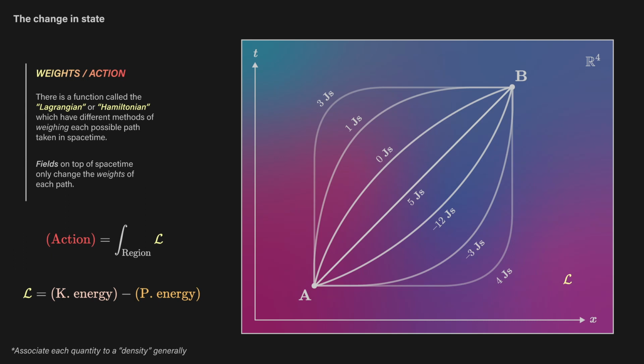So we have here a point A and a point B, and for example, the path from A to B with 0 joule-seconds is a different path than the ones from 5 joule-seconds. And so each one of these paths would have a different equation of motion associated with it. The idea behind the Lagrangian and Hamiltonian then is that each is a function that will weight the path accordingly.